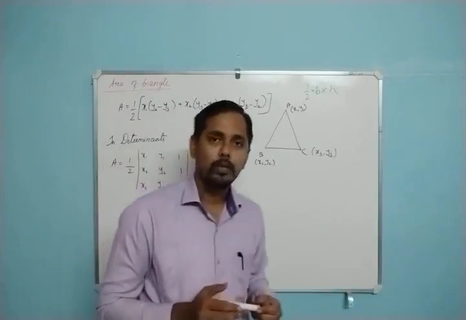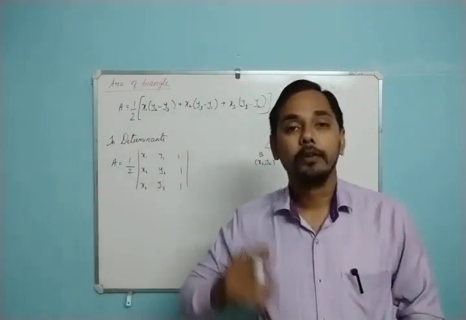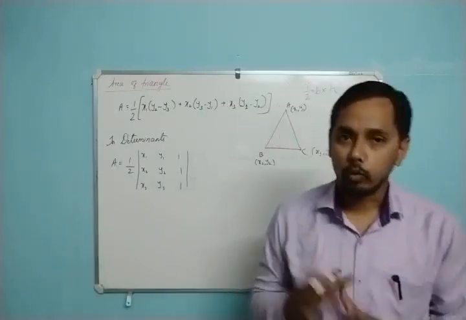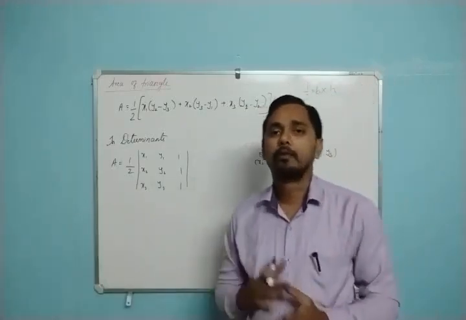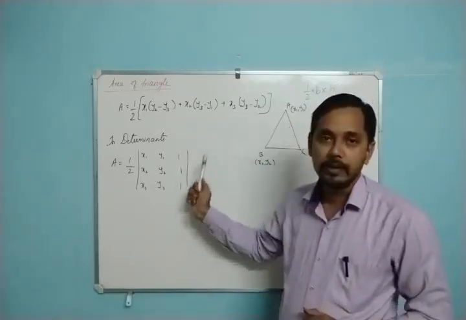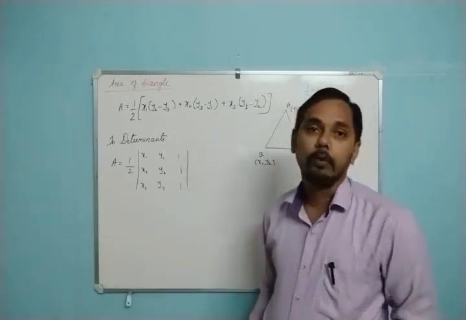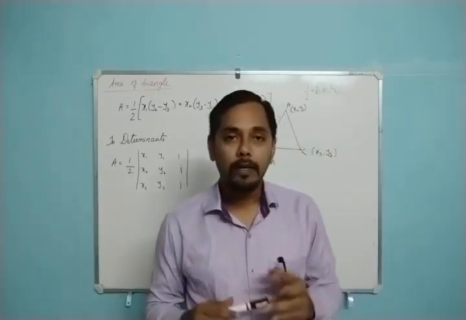So this is the formula given to calculate the area of a triangle in determinants. Throughout this determinant unit, we are going to make use of only this formula, neither this nor this, to calculate the value of the area.